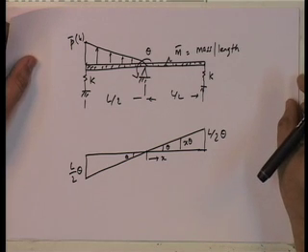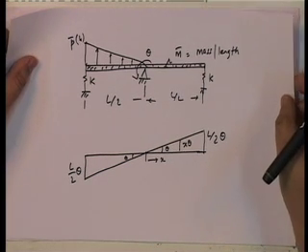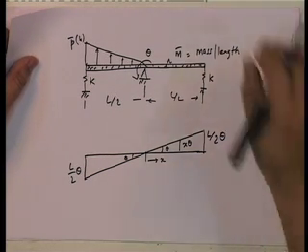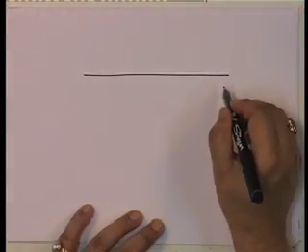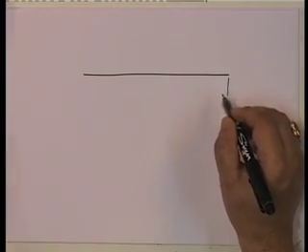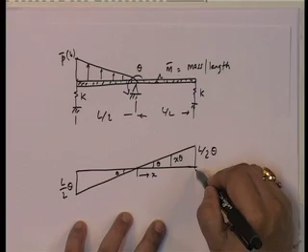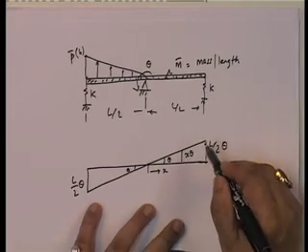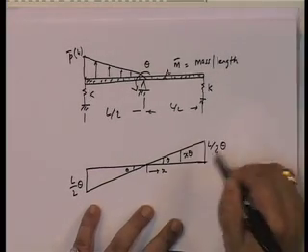Now I need to find out the forces. I am going to write down the forces over here. Since this is undergoing displacement in this direction, the force is going to oppose it.